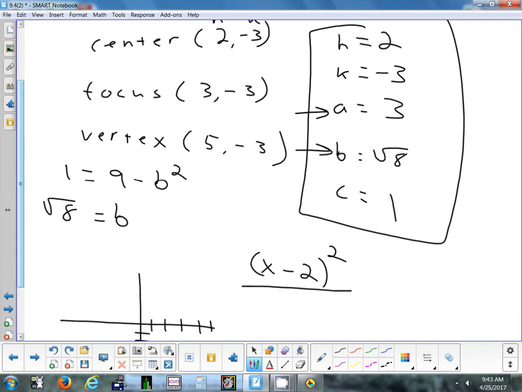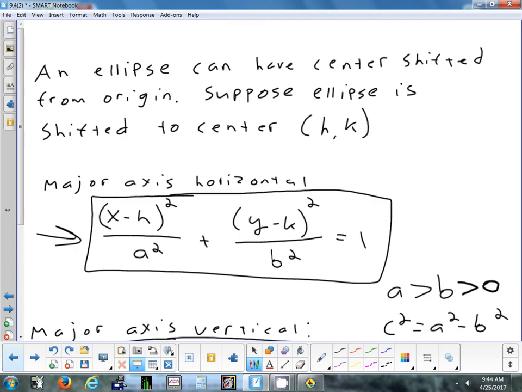So you said b is bigger? Well, if you took the square root of 8, that'd be about 2 point something. So a is always bigger than b. Always. Every single problem. A is always the bigger number.